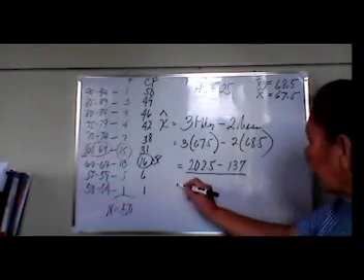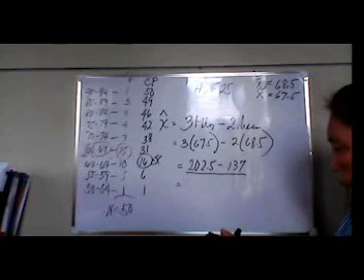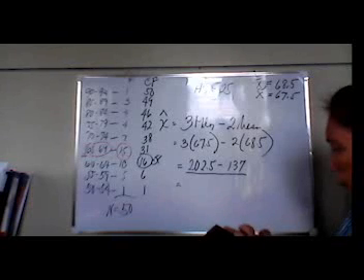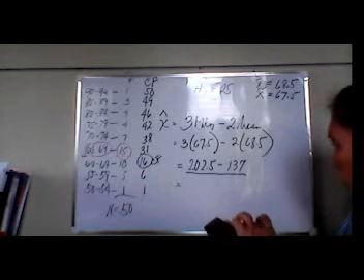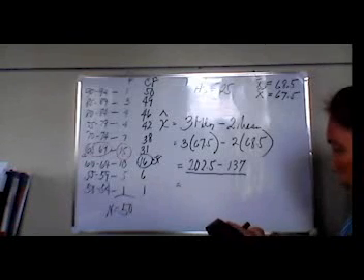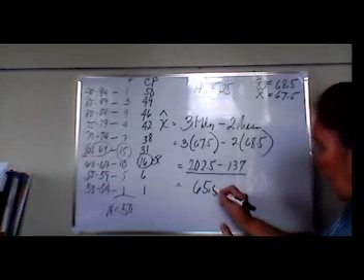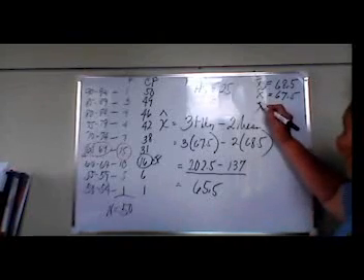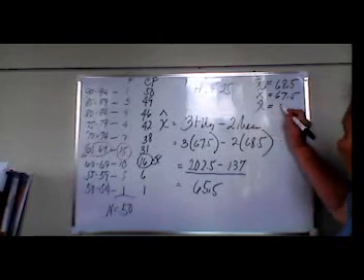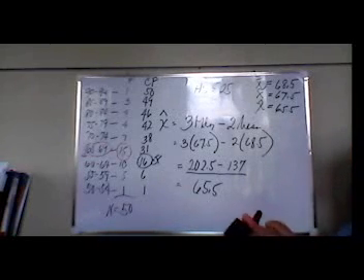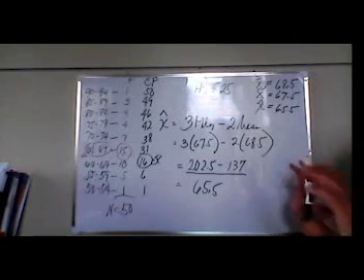That will give us 202.5 minus 137 equals 65.5. The mode is equal to 65.5. Okay.